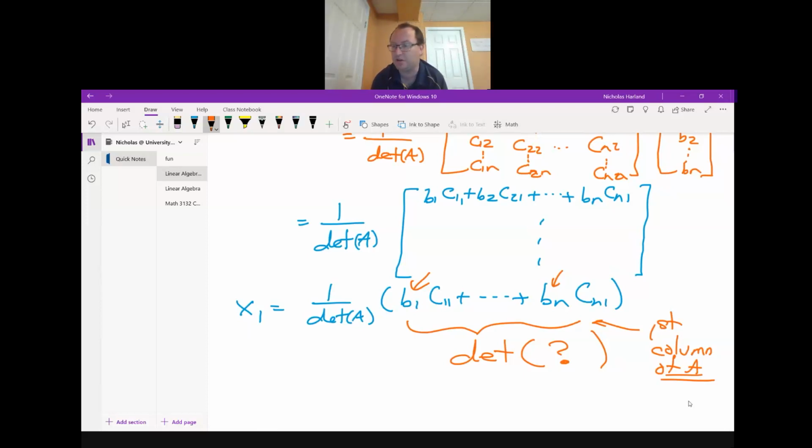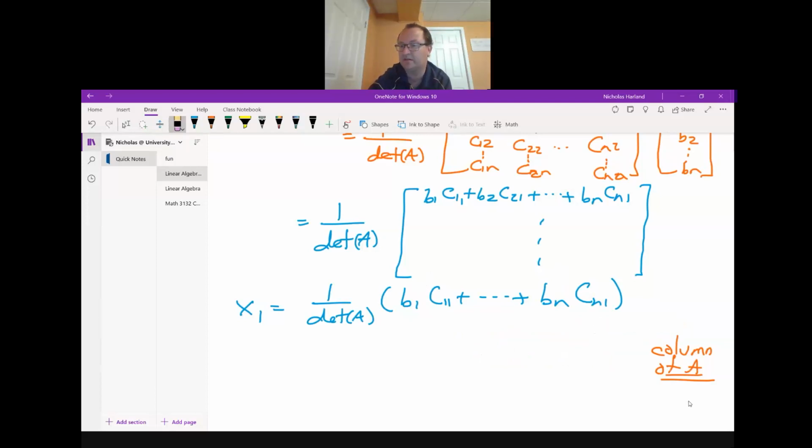So this almost looks like what the determinant would be if we expanded along the first column. The problem is, instead of multiplying by the appropriate values in A, we're multiplying by some random entries in B.